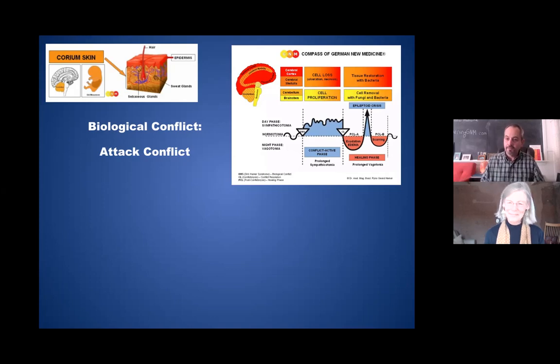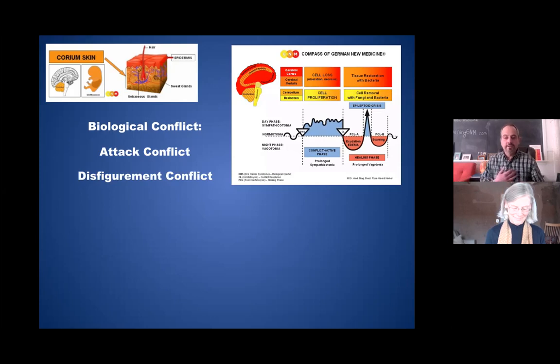So a medical procedure can easily activate this biological program related to the corium skin. It can also be described as a disfigurement conflict.